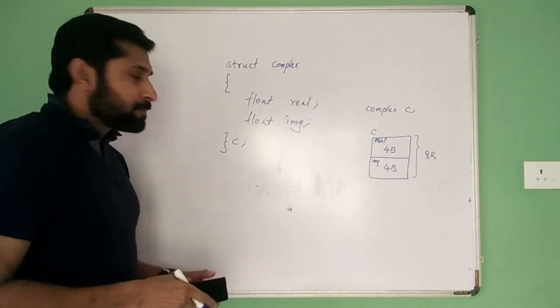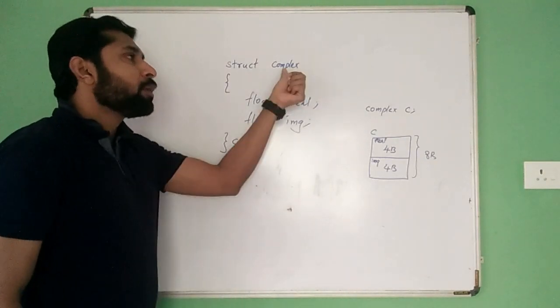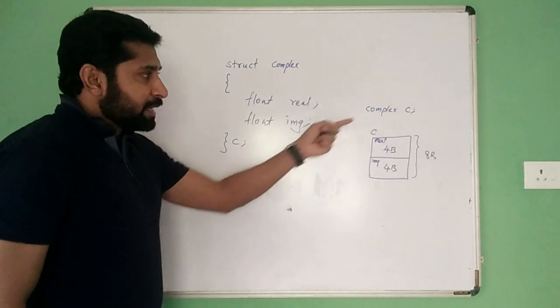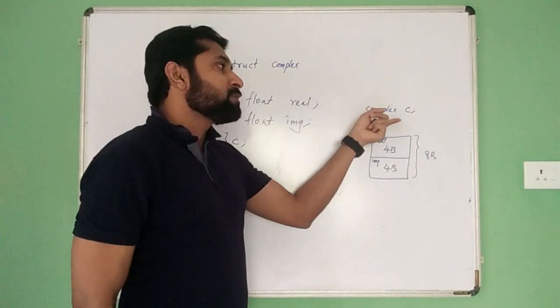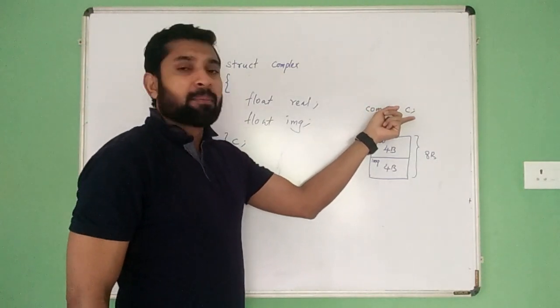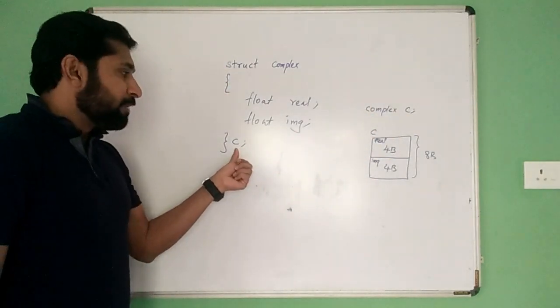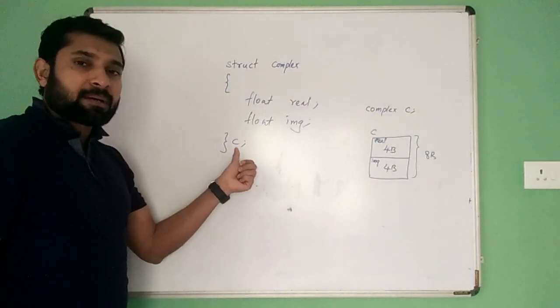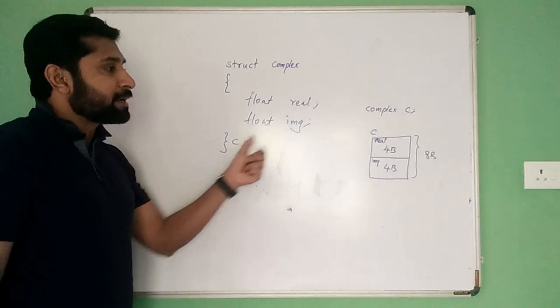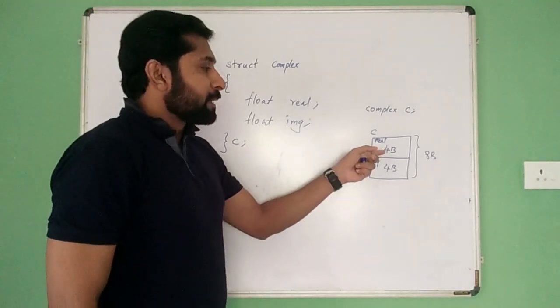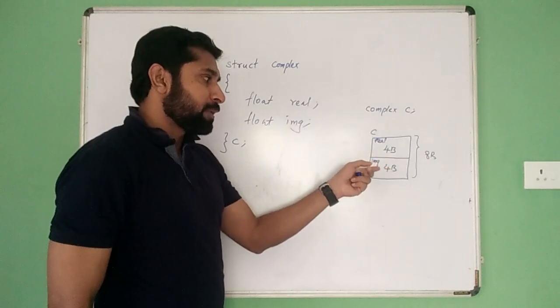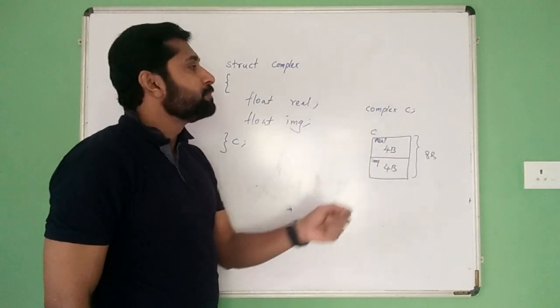This also creates a variable of type complex. Instead of explicitly specifying a variable declaration, we can also create a variable immediately after the definition. This also creates a variable that consumes 4 bytes for real and 4 bytes for imaginary.